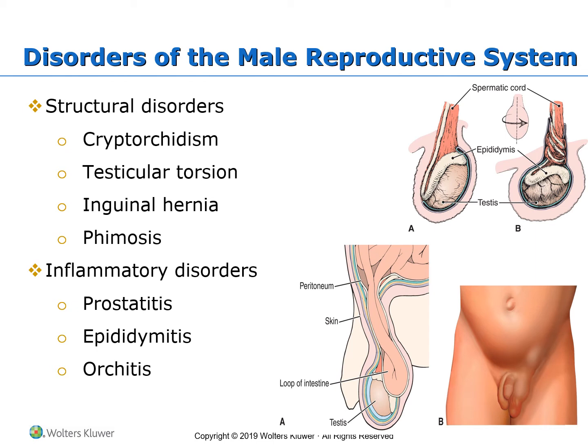Inguinal hernia. Hernia represents a rupture or an opening, and regardless of where we are looking at it, a hernia is an abnormal protrusion of an organ or part of an organ through the wall, usually the abdominal wall, the wall of the cavity in which it is normally contained.